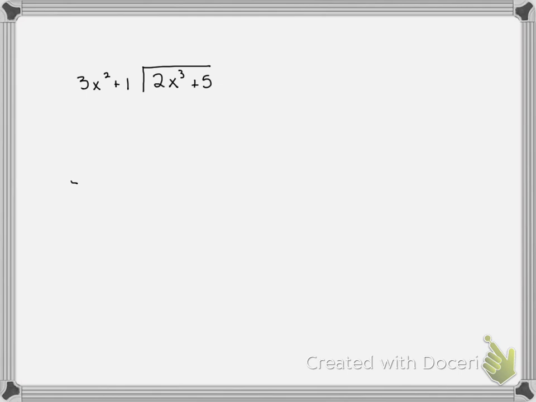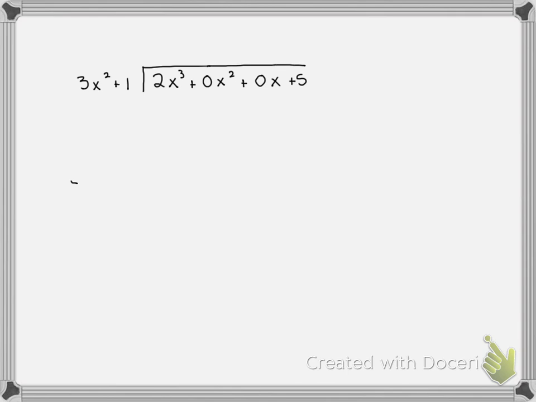Okay, but in order to perform this long division, we actually have to allow for the missing powers of x under our division bar here. So 0x, now I can say plus 5.